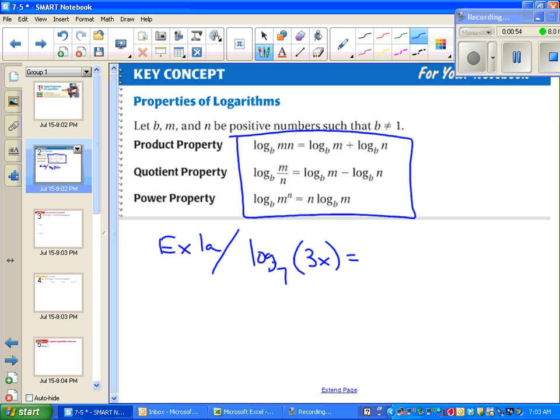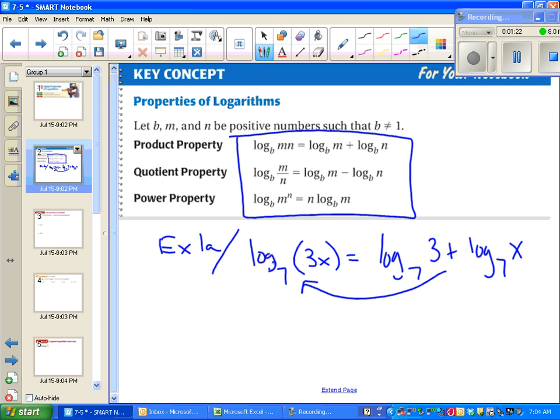The product property tells us that we can split that up into log base 7 of 3 plus log base 7 of x. And it works the other way too. If we've got log base 7 of 3 plus log base 7 of x, we can put them together to get log base 7 of 3x.